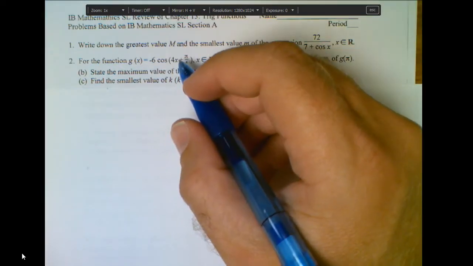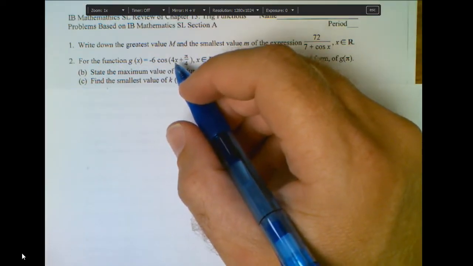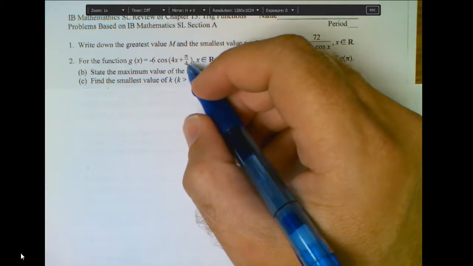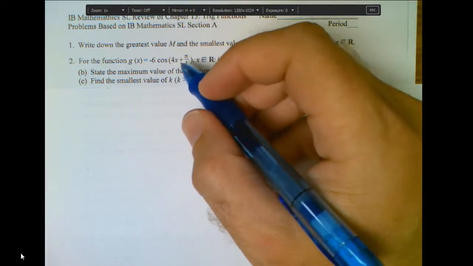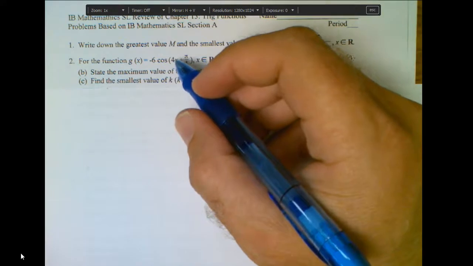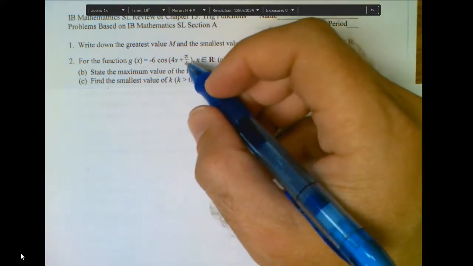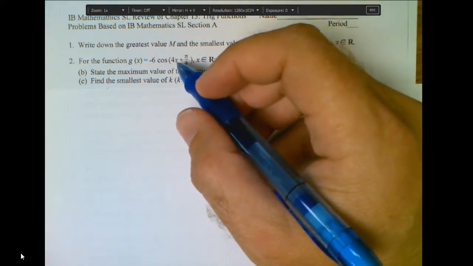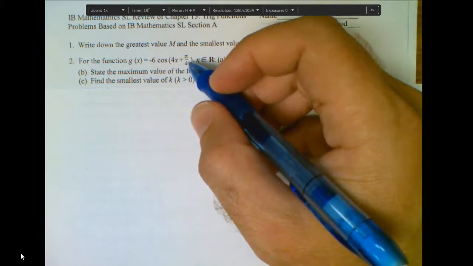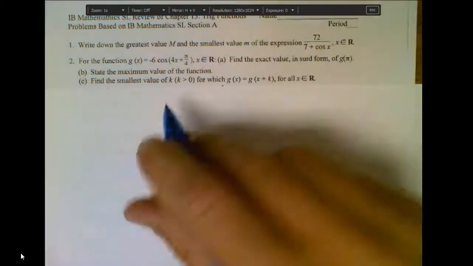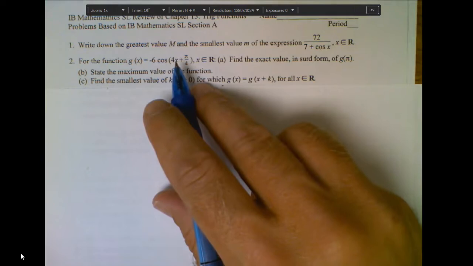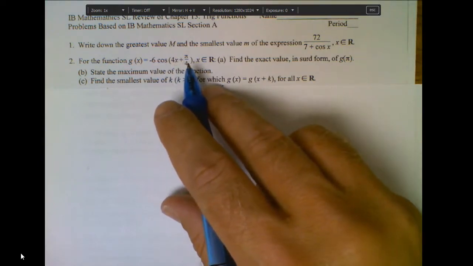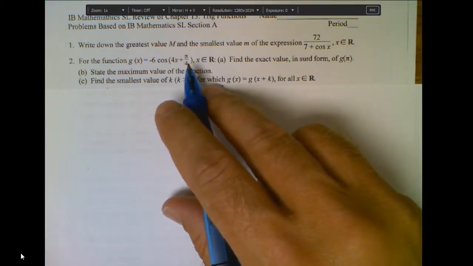If I go another lap around, I'm at 4 pi, and then I go an additional pi fourths. So you can basically ignore the 4 pi, because repeating yourself to 4 pi just lands you back where you started, at pi fourths.